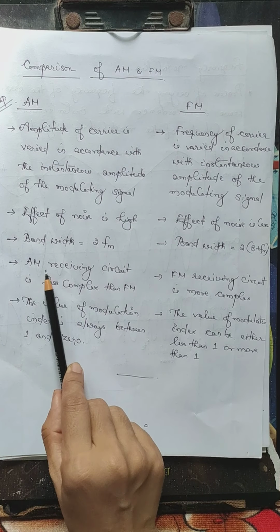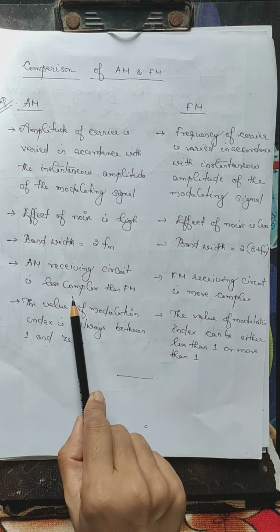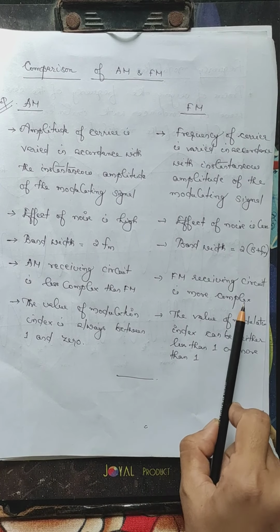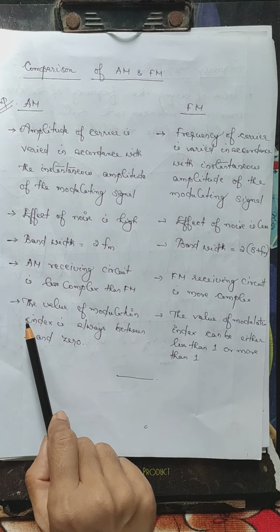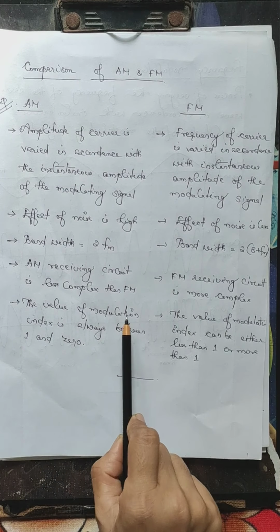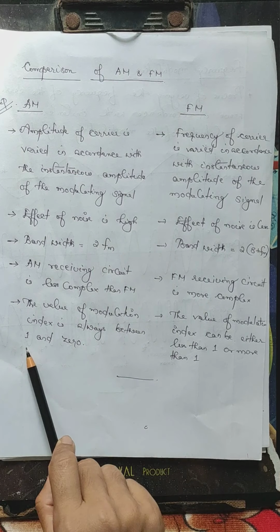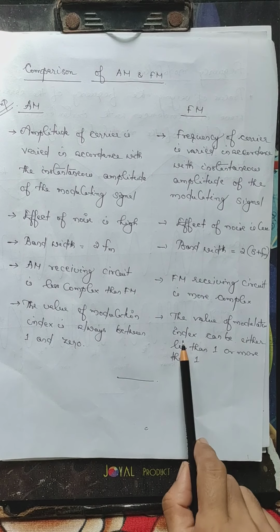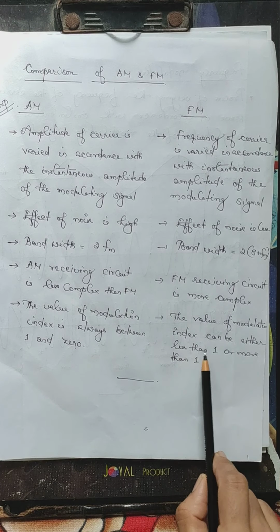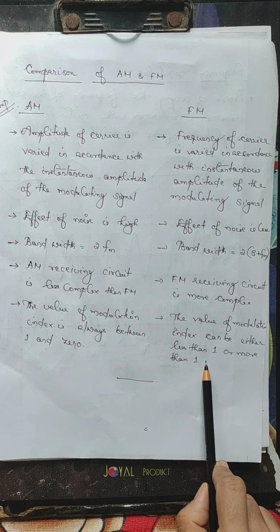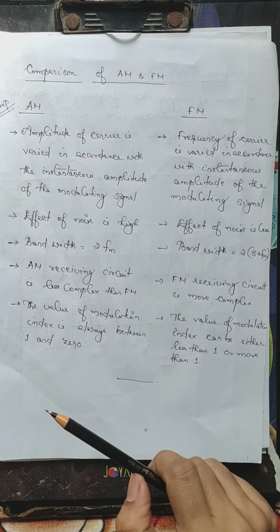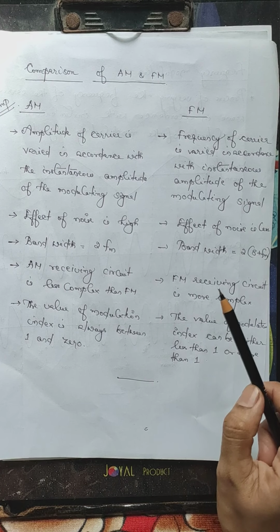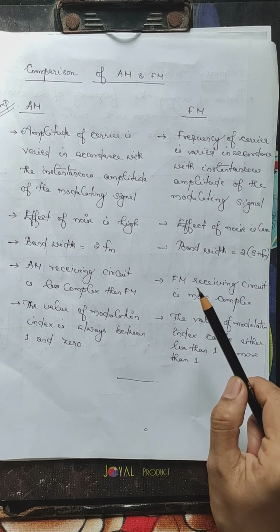In case of AM, the receiving circuit is less complex than FM, but the FM receiving circuit is more complex. And the value of modulation index is always between 0 and 1 for amplitude modulation, whereas the value of modulation index can be either less than 1 or more than 1 in case of frequency modulation. So these are the differences between amplitude modulation and frequency modulation.